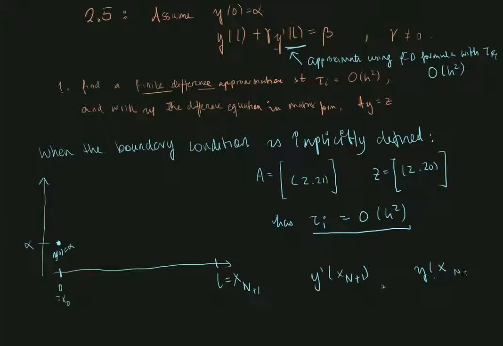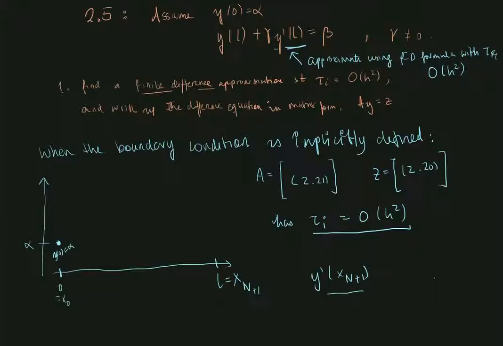Now what can I use? The one I can use is the one-sided formula, because we can see that it has a truncation error that is big O of h squared.